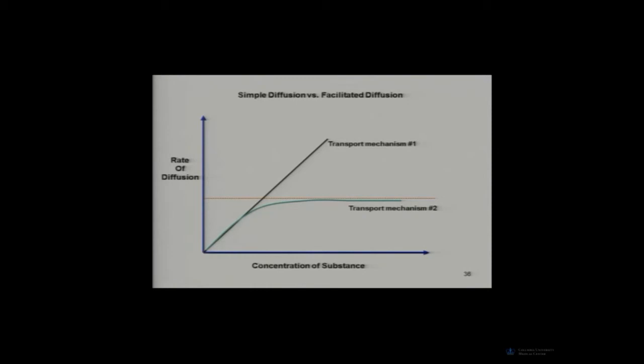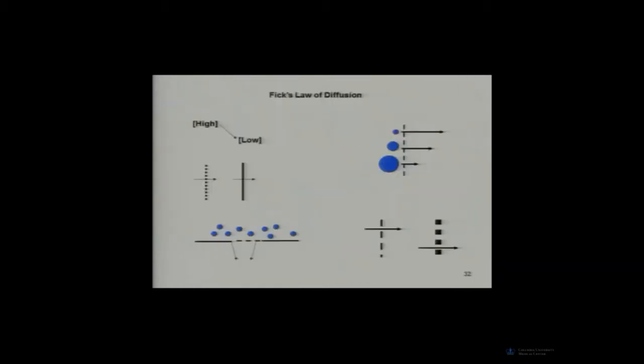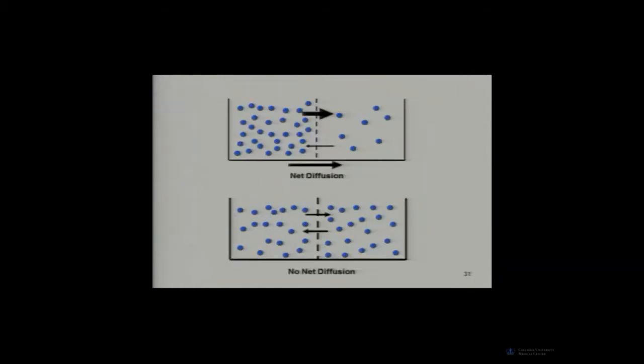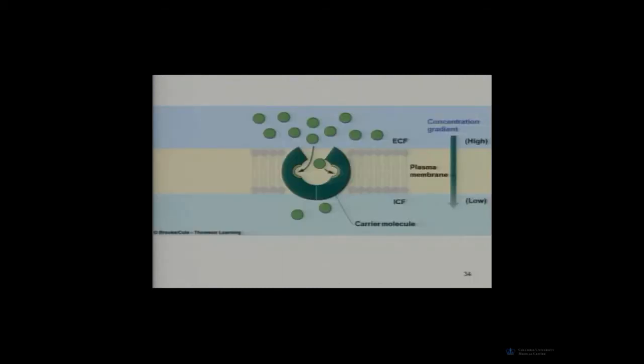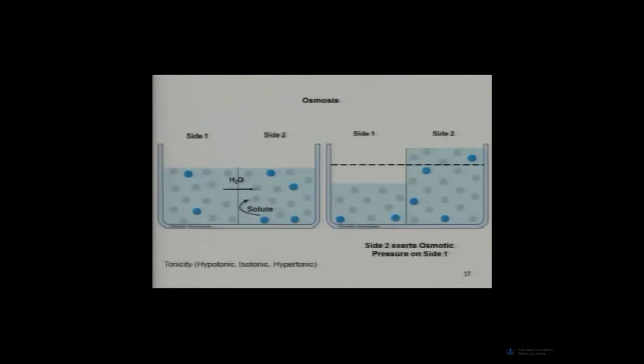That's what this is saying, right? It's not like the previous slide where eventually it's going to equal out. It would be like if I constantly added more here, then you would have this continuous movement. Okay.